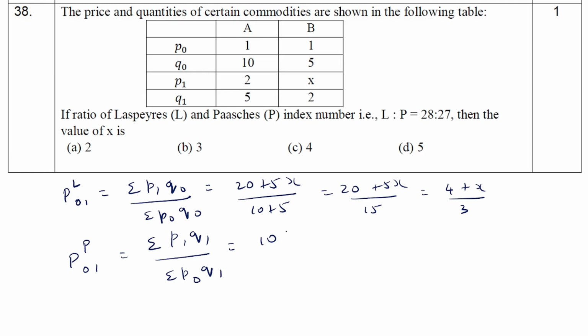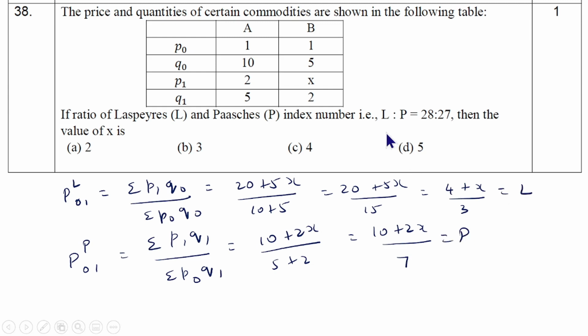So it is 10 plus 2X upon summation P0 Q1. P0 Q1 will be 1 into 5 plus 1 into 2. So it is 5 plus 2. So this is equal to 10 plus 2X upon 7.